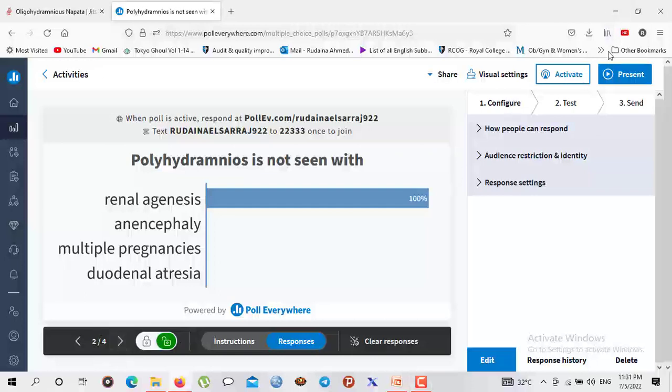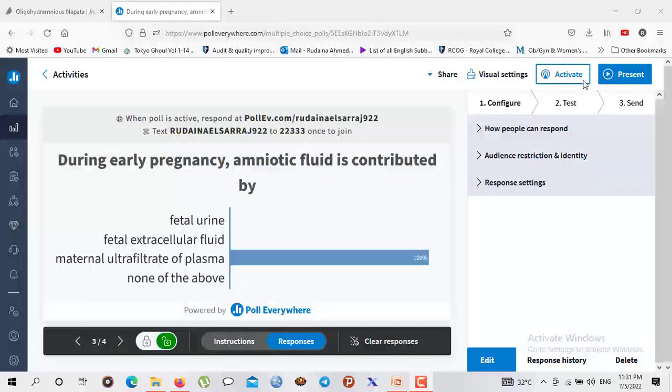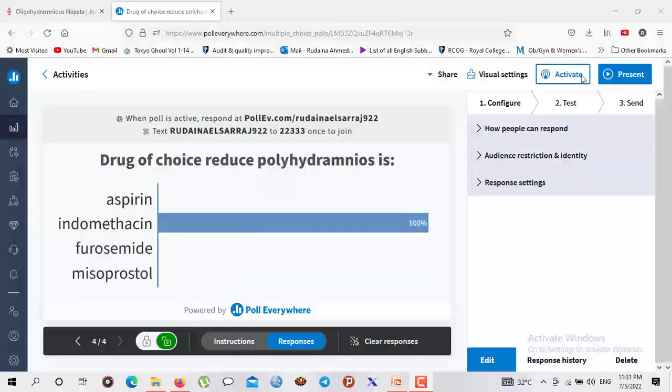The next question: during early pregnancy, amniotic fluid is contributed by, and yes, again, all of you have answered maternal ultrafiltrate of plasma, which is again the correct answer. Hooray! And finally, for our final question, the drug of choice to reduce polyhydramnios is, and again, 100% of you, all of you answered indomethacin, which is the correct answer.